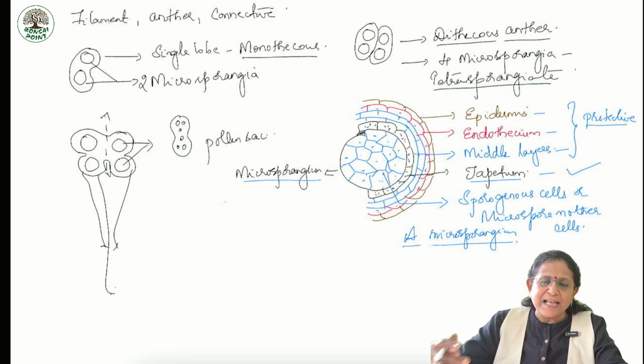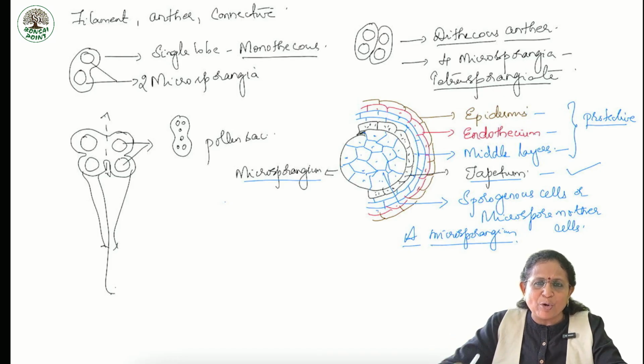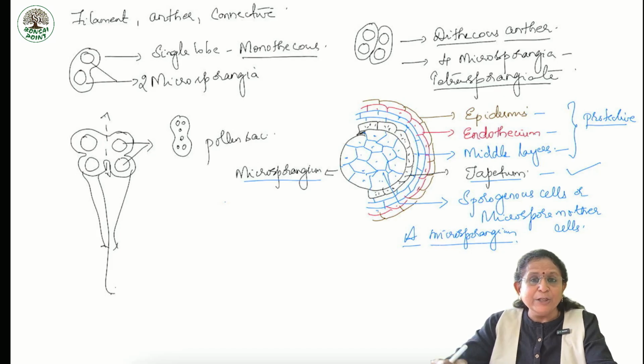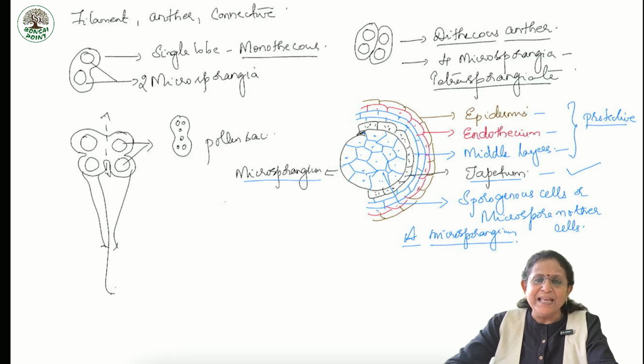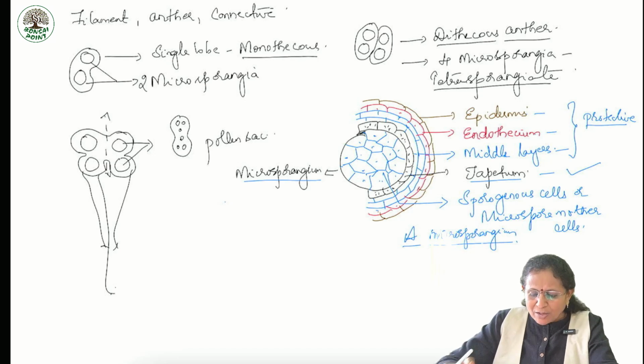It has dense cytoplasm and prominent nuclei, not one, many. It supplies nourishment to the developing sporogenous cells. Because of this nourishment, finally we see the formation of microspores, and later they mature to form pollen grains.